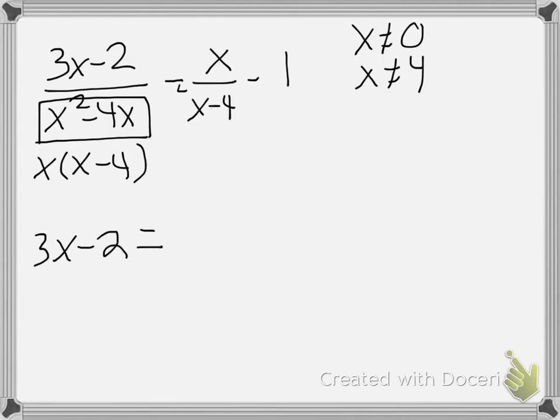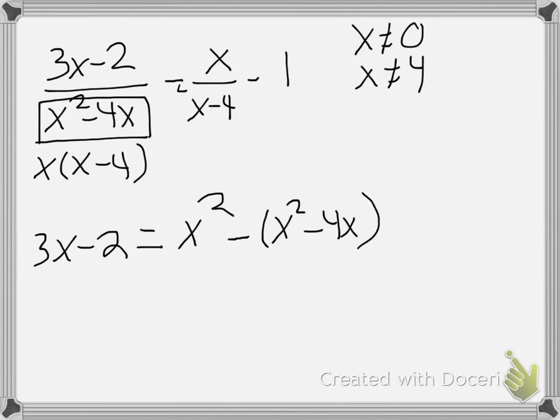Now the x minus 4s will cancel out, so I've got x times x. Please don't forget that part, guys. Okay? And then this 1 gets multiplied by everything, so it becomes minus the quantity x squared minus 4x.